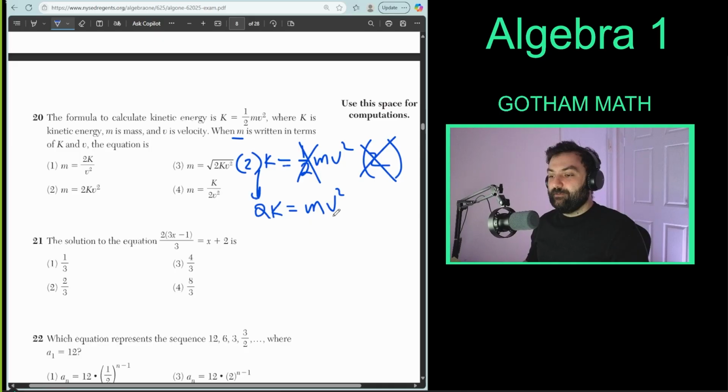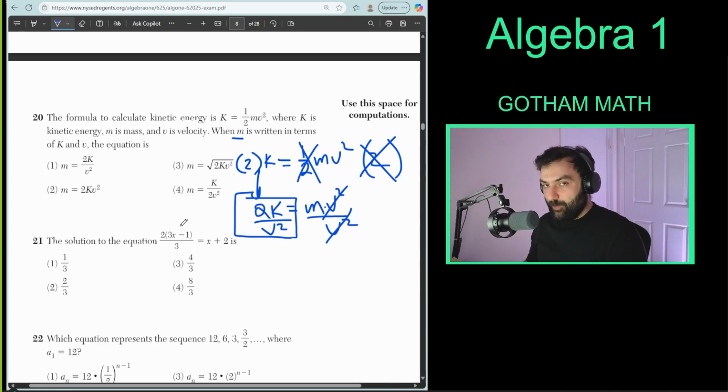Who I'm going to kill next? V squared. How? Well, it's connected to m by multiplying, so I'm just going to divide. Divide by v squared. Boom, boom. That's the answer, guys. It's a 2-step question. It seems like more, but it's just a 2-step question. Is that the right one? Yeah. Okay.